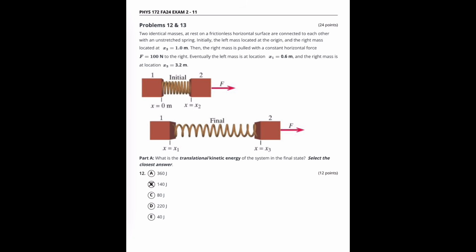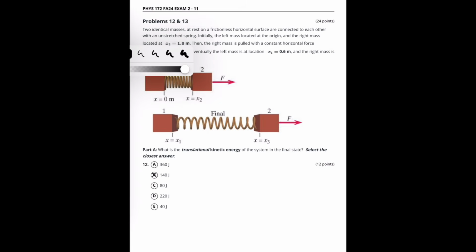What is the translational kinetic energy of the system in the final state? Select the closest answer. So to solve this problem, we need to recall the definition of the translational kinetic energy. In this case, we are going to use the force F net times the change in position about the center of mass.